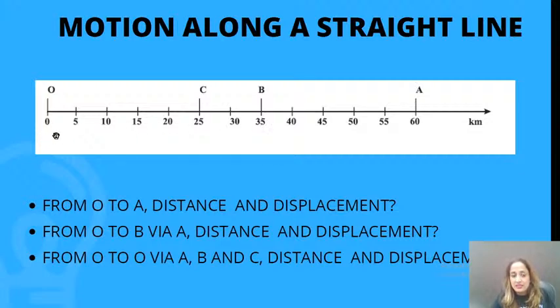The distance is 25 plus this 10 and plus these 25, I mean 60 plus 5, 10, 15, 20, 25. All right, so 85 kilometers is the distance covered by the car. That is the total distance, and it doesn't matter at how many points it stopped.